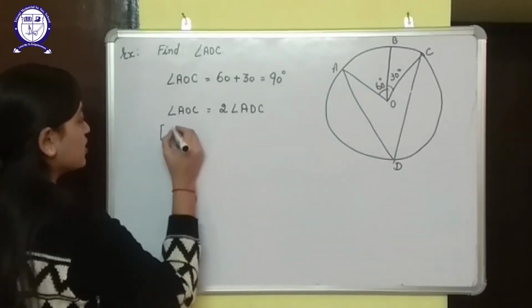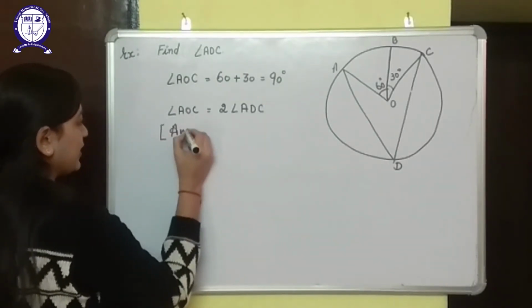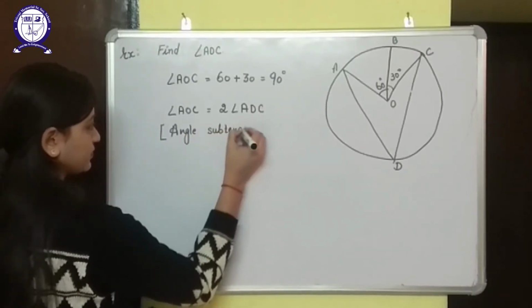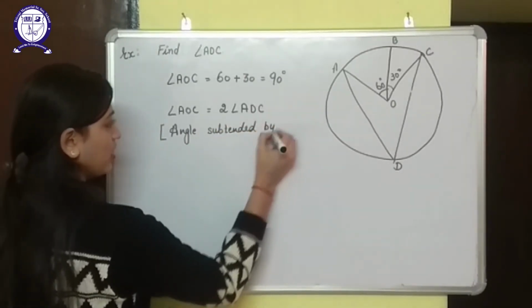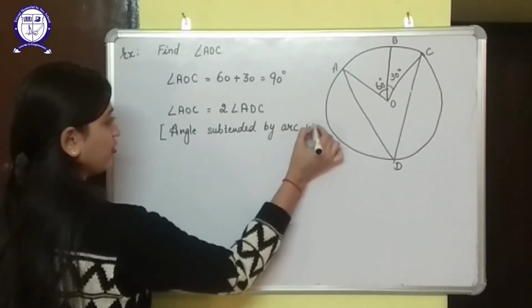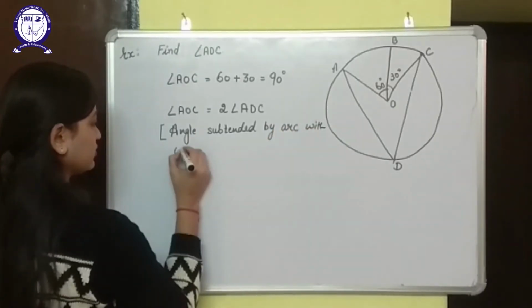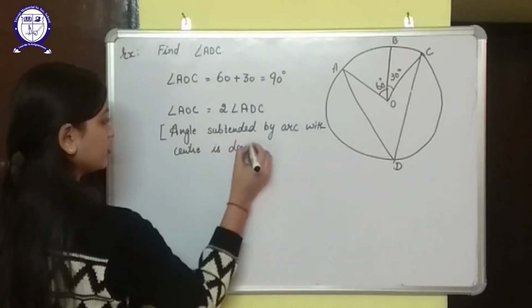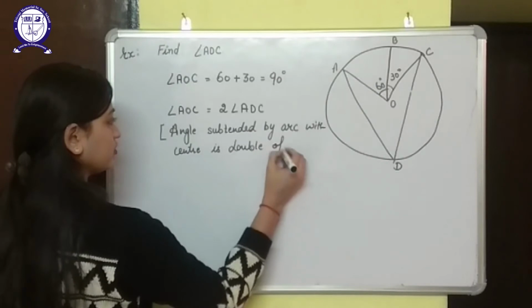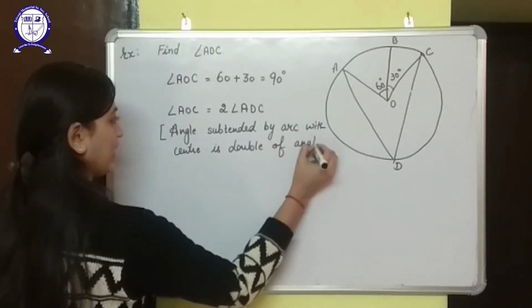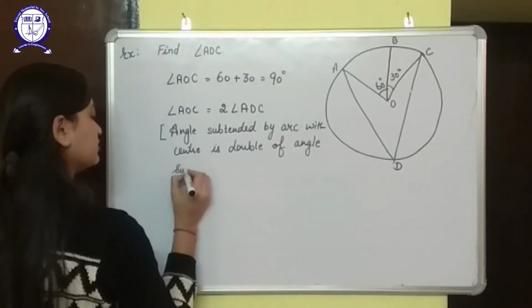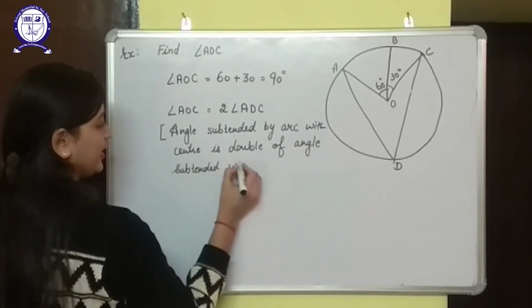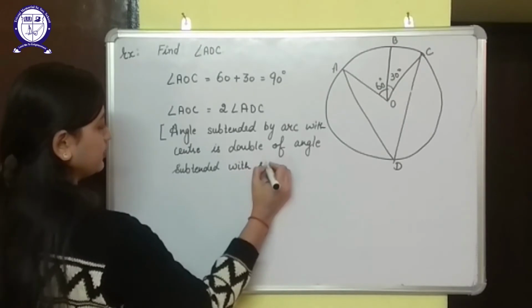The statement was: angle subtended by an arc with the center is double of angle subtended with the remaining part of the circle.